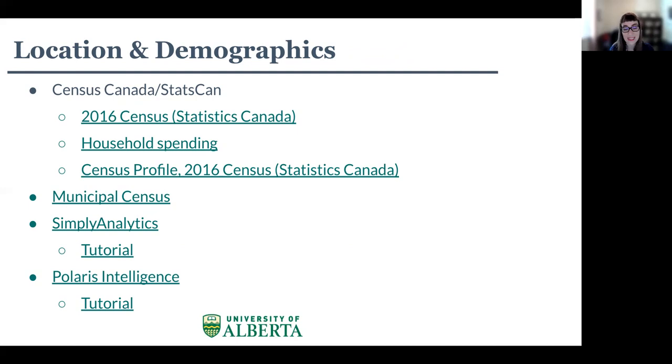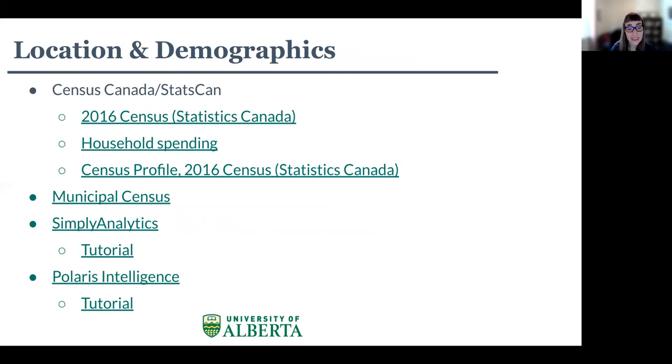There's also the census profiles from the 2016 census. And this is information from the 2016 census of the population for various levels of geography, including provinces, territories, census metropolitan areas. So for example, Edmonton, communities within Edmonton, and census tracts, so neighborhoods mostly.